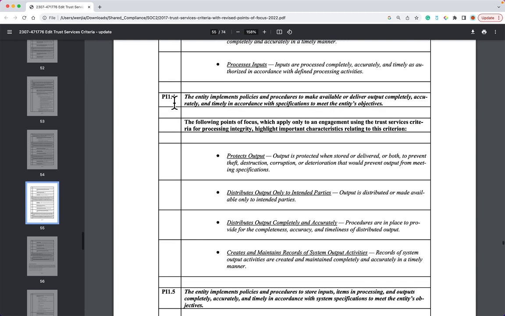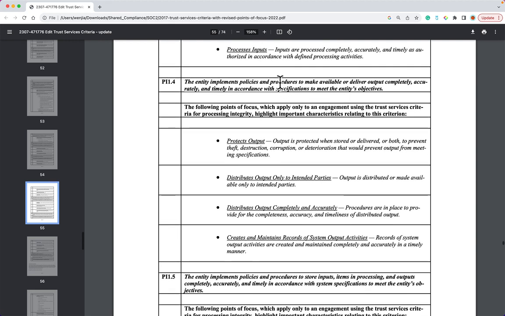And PI 1.4, the entity implements policy and procedure to make available delivery output completely accurate and timely in accordance with specifications to meet intended objectives.